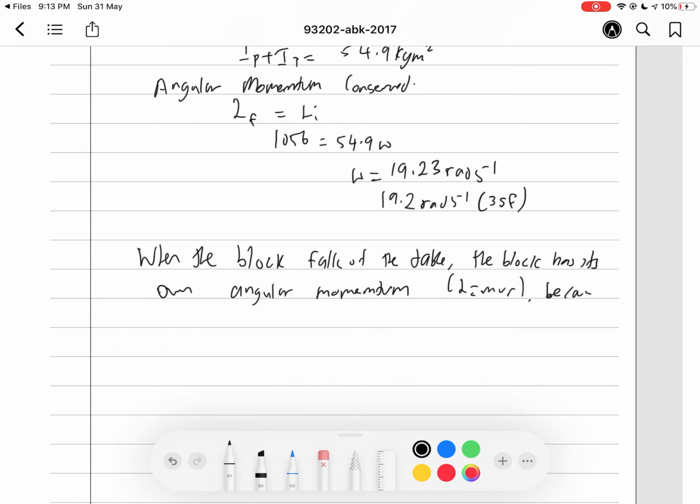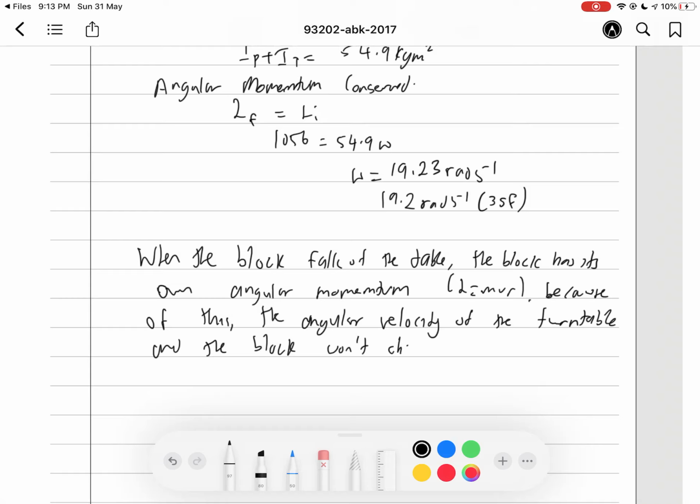Because of this, the angular velocity of the turntable and the block won't change.